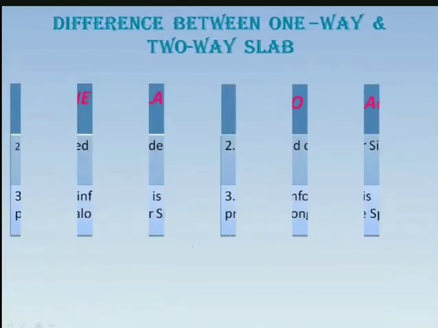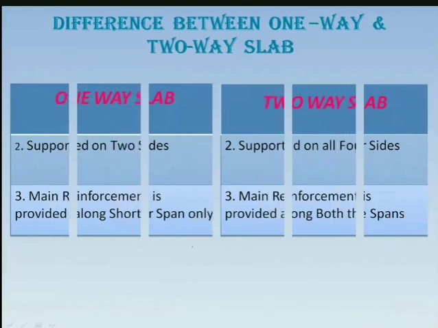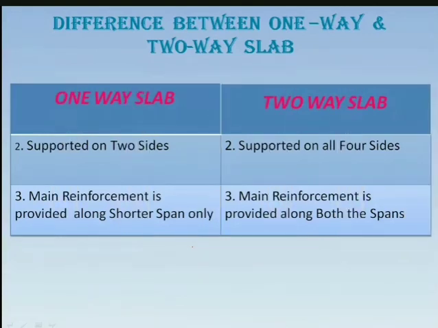Then further, a one-way slab is supported generally on two sides. It might be supported on four sides also, but generally a one-way slab is supported only on two sides. Whereas a two-way slab compulsorily should be supported on all four sides, as the main reinforcement is in both directions, and it has to go inside the support.